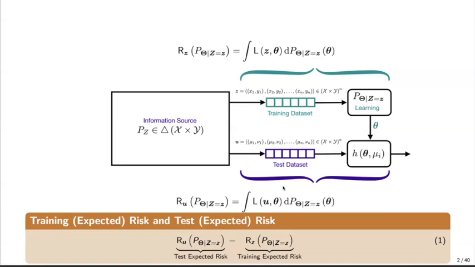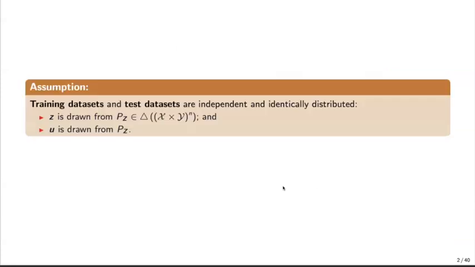And for the practitioner, essentially the story ends here because training data set and test data set are the only data available in practice, right? If we want to further the analysis of this, we need to admit some assumptions. We may admit, for instance, that training and test data sets are identically distributed and independent.